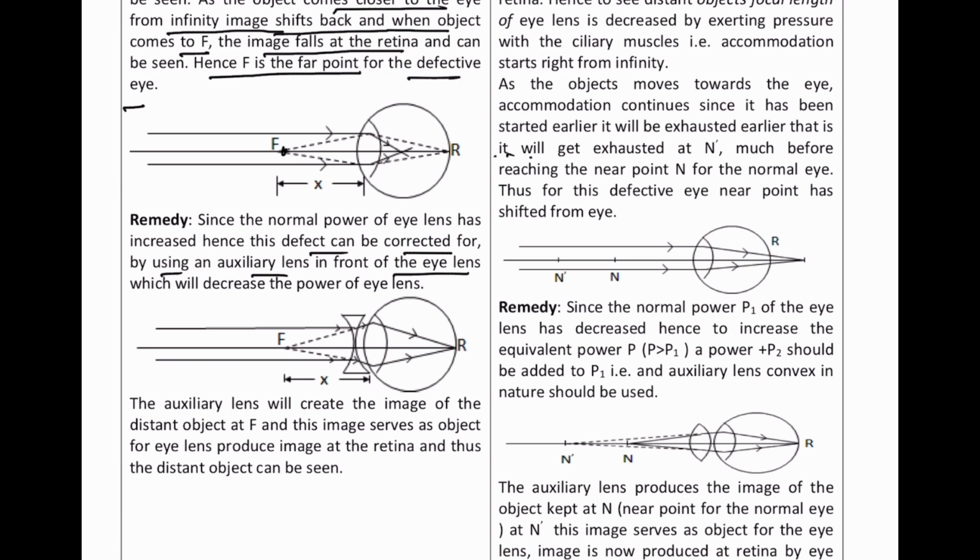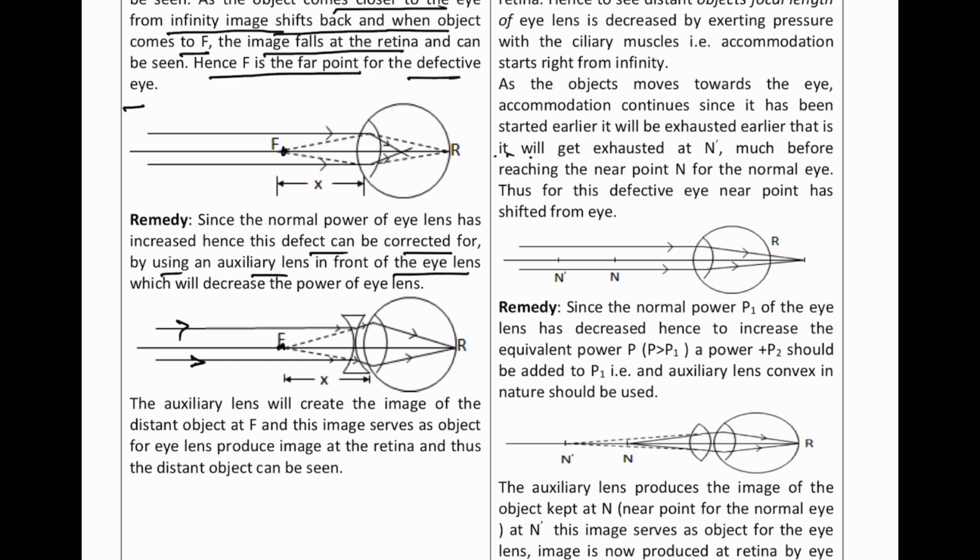So what we will do, you can see the myopia, no? You can see the nearer objects up to this f, but you cannot see the distant objects. So when the distant object's rays are coming, you have to form the image of the distant object at f, then only I can see.